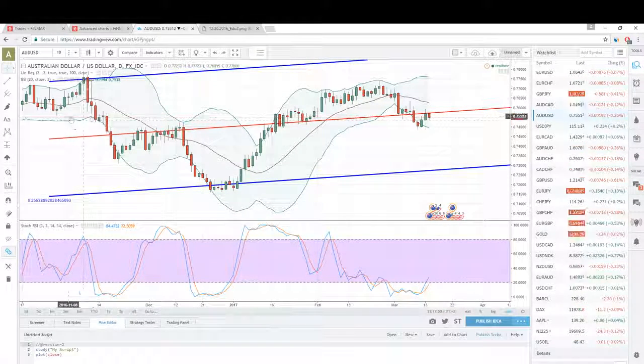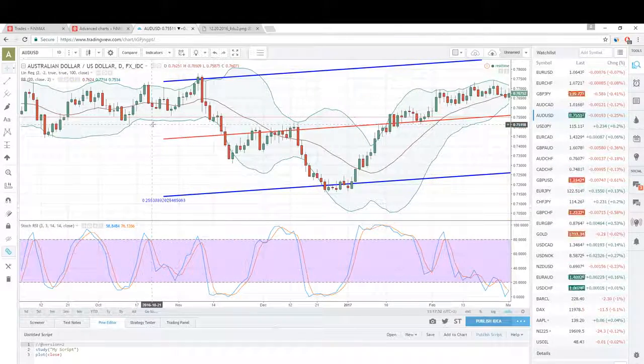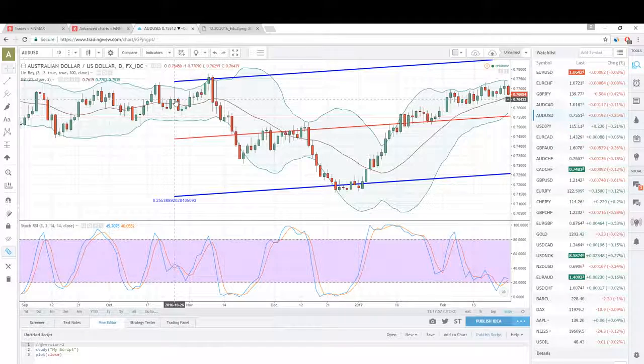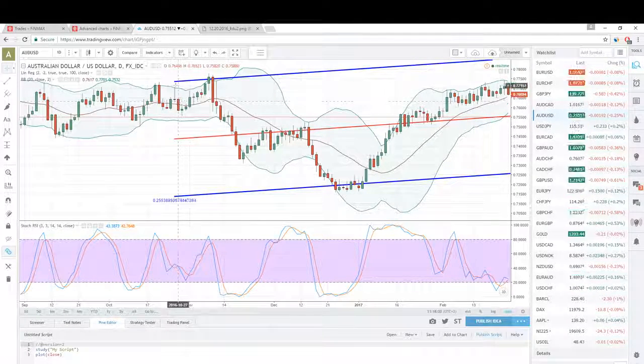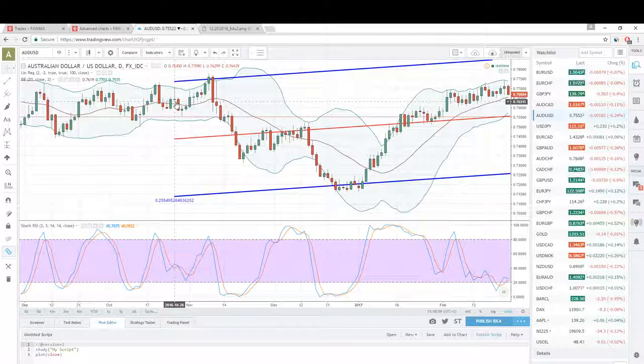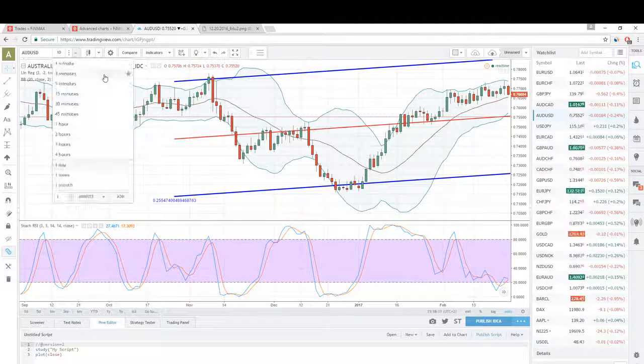Here is the figure that looks like the tombstone: small body, long upper tail, small lower tail. That's a one day range.